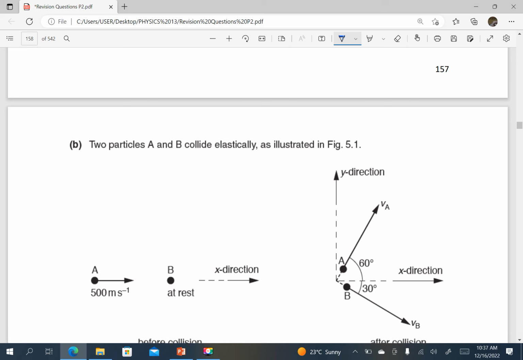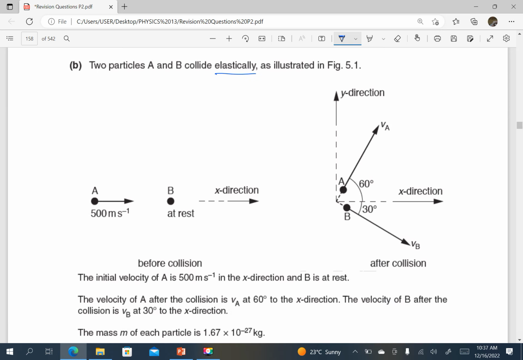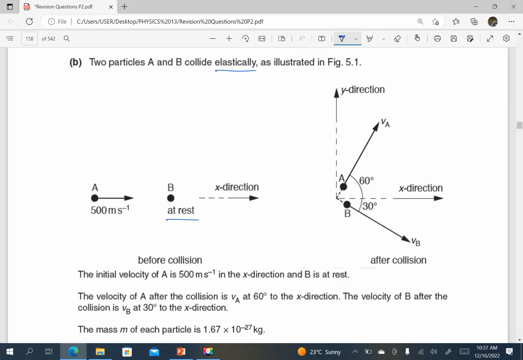Two particles A and B collide elastically. Of course, we know what we mean by colliding elastically, as illustrated here. A was moving, B was at rest in the x direction. After collision, we see A moves at an angle of 60 and B moves at an angle of 30. So after collision, momentum is in two dimensions.